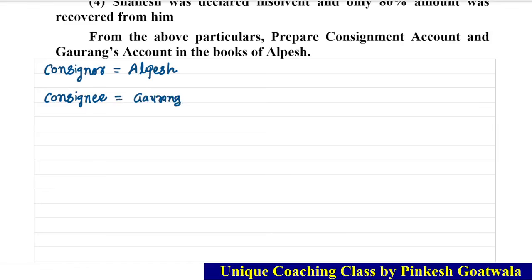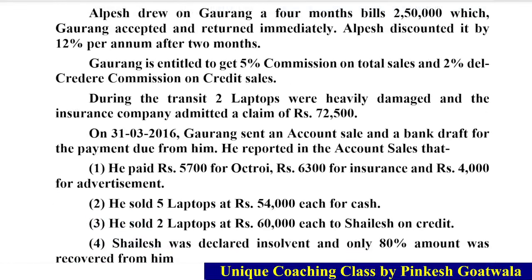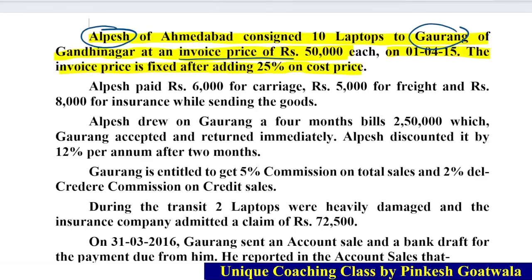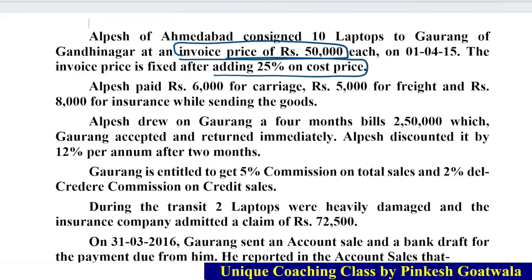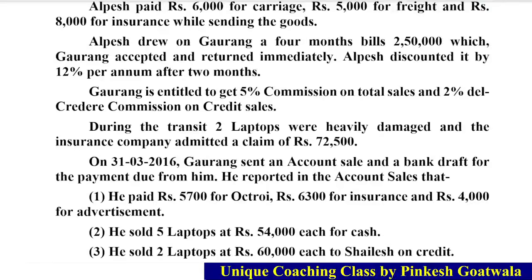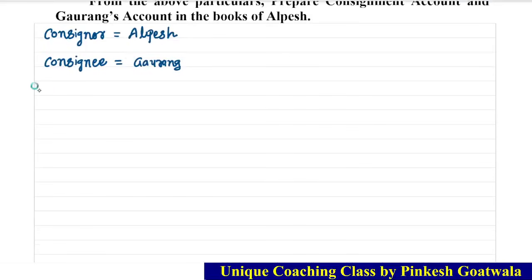Now they give invoice price, that is 50,000. Okay, invoice price is given as 50,000. What is the invoice price? 50,000. And the point regarding profit, adding 25% profit on invoice. What is the profit on invoice? 25%. So let's write this information.